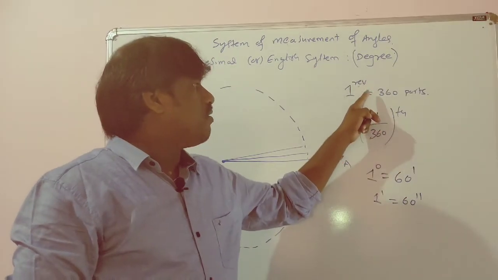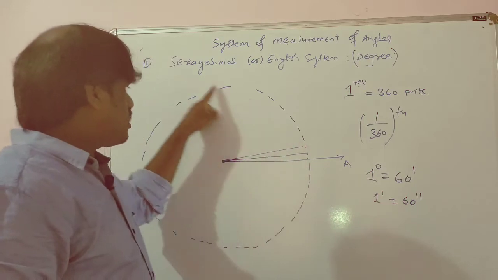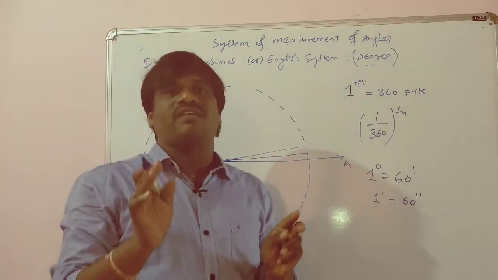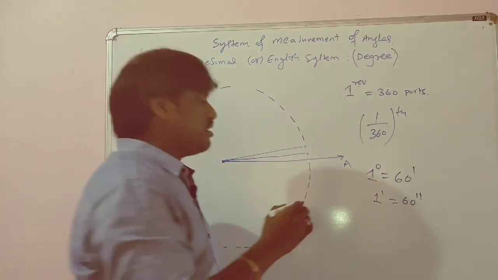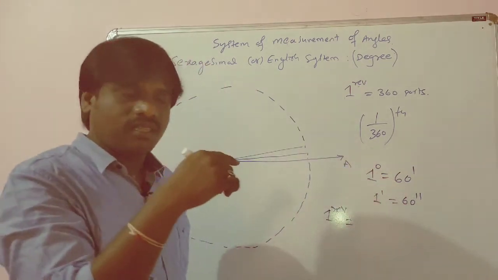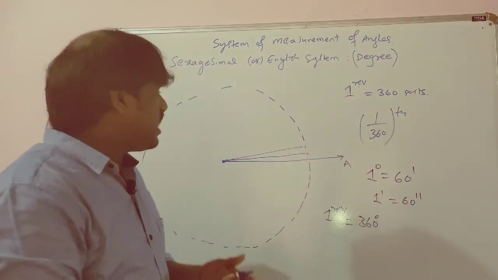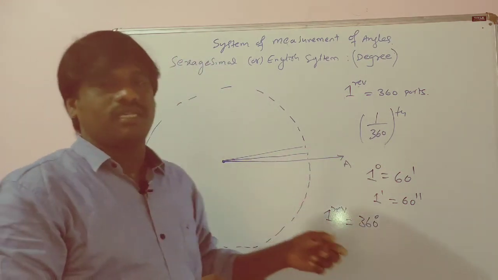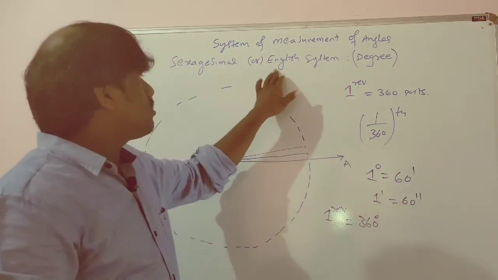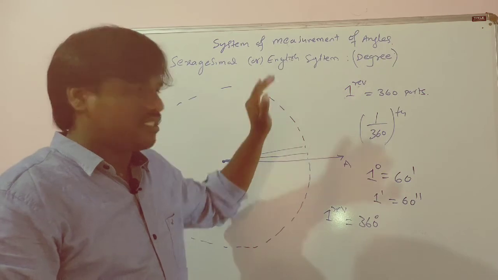One revolution is divided into 360 equal parts, so one revolution, that is one rotation, is equal to 360 degrees. Why do we call it a degree? Each part is called a degree. This was introduced by the British, so it is called the English system or British system.